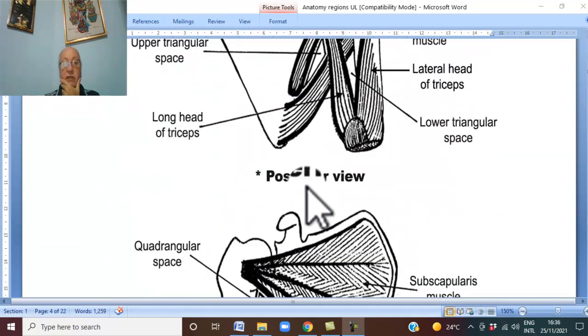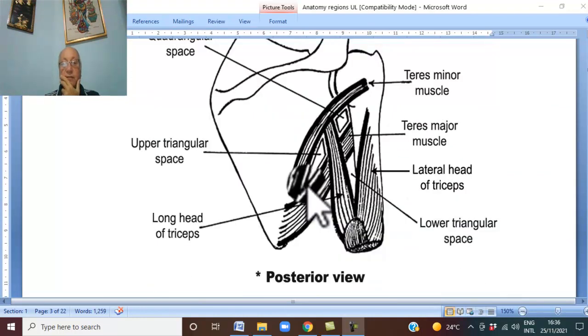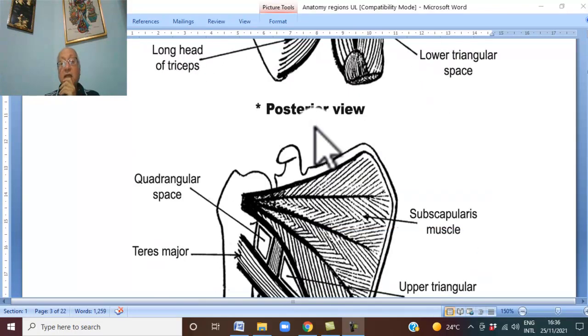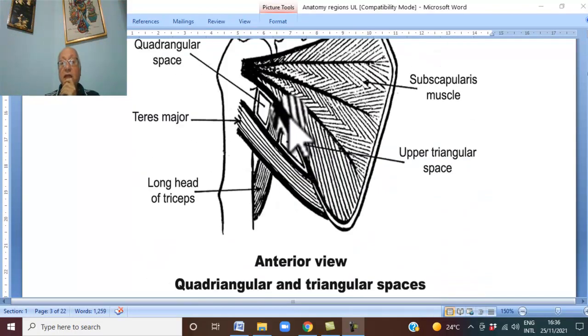This is the upper triangular space. The upper triangular space is bounded by teres minor from above, if seen from posterior aspect. If seen from anterior aspect, is bounded by subscapularis muscle.